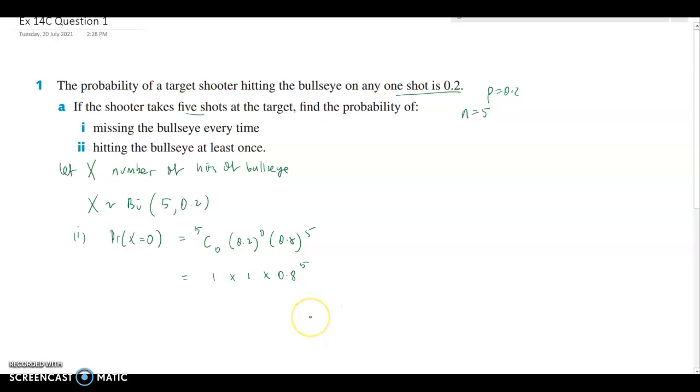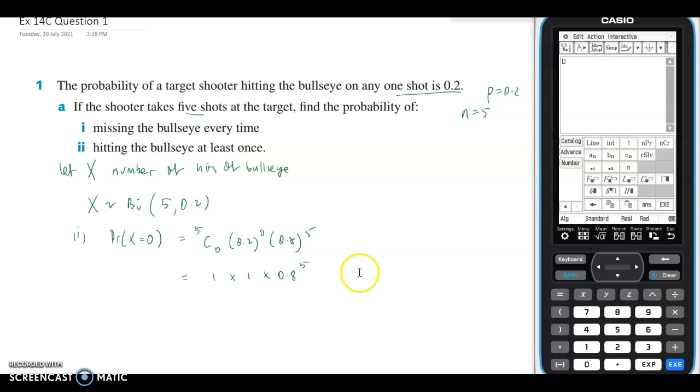So we can do this on our calculators. I'm going to do 0.8 to the 5. Better still, how about I make that in brackets, 4 over 5, close brackets, and we're going to raise this to the power of 5.